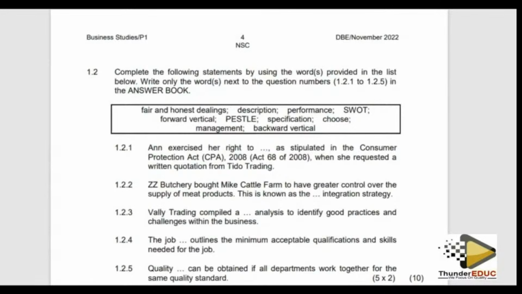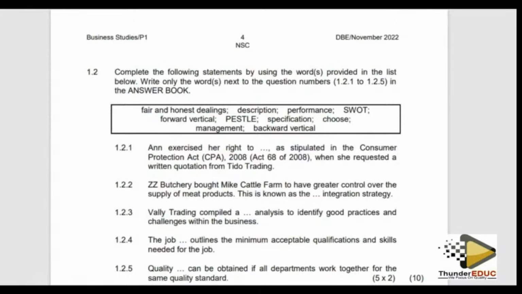Okay, right. So now I was just making an example on how best you should understand this concept before you can jump onto these questions. So now let's move on to 1.2.1.